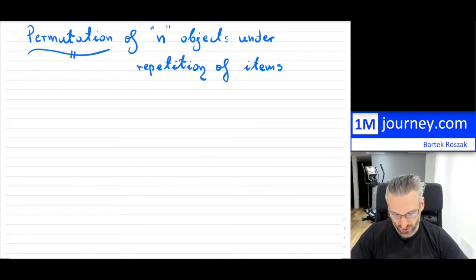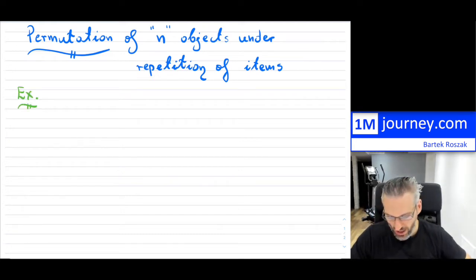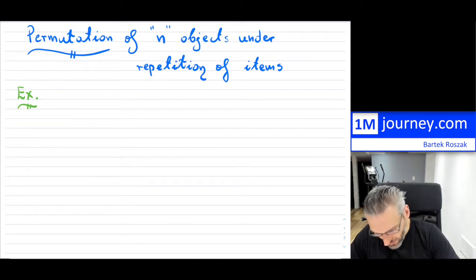Okay, so the first case which you will run into is if you consider an example like this. You want to count how many permutations, so how many different orders, there are.